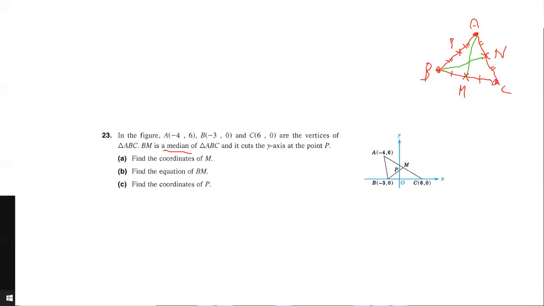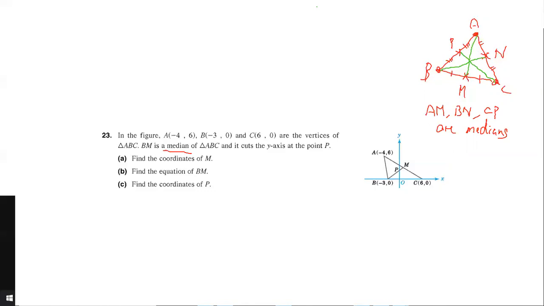And then we can join vertex C and the midpoint P. Okay? So in this triangle, AM, BN, and CP are medians. Okay, so there will be 3 medians in a triangle. There's always 3 medians. Okay, it's joining from the vertex to the opposite midpoint.